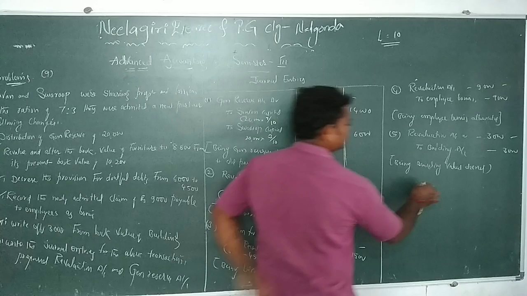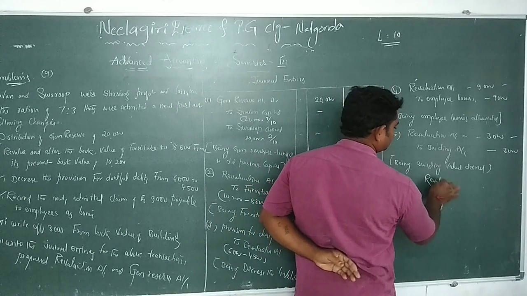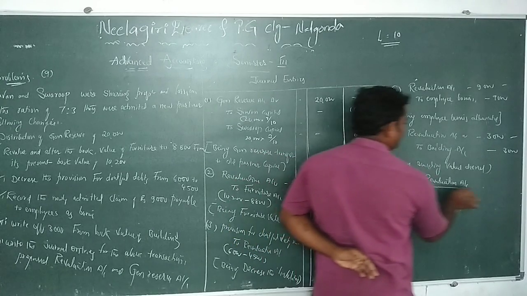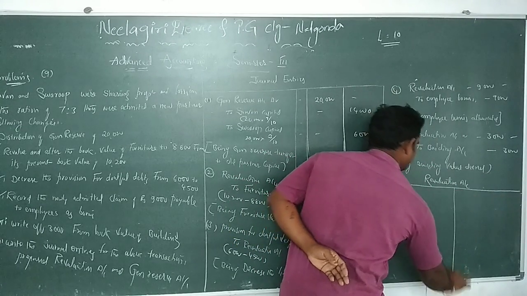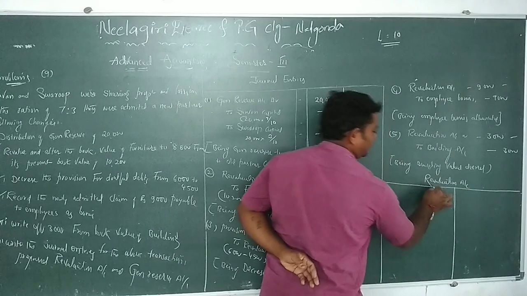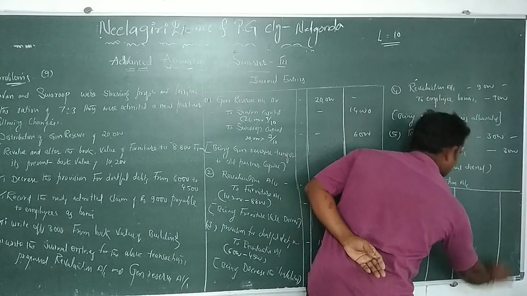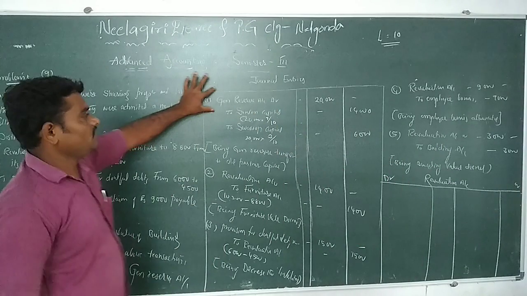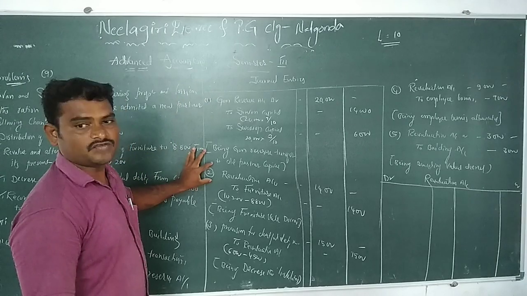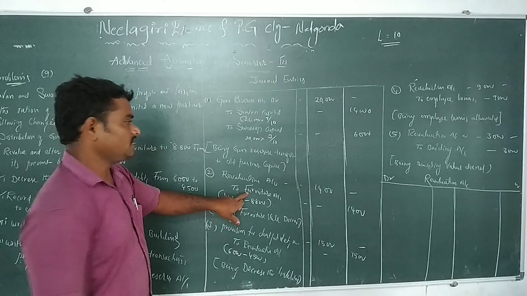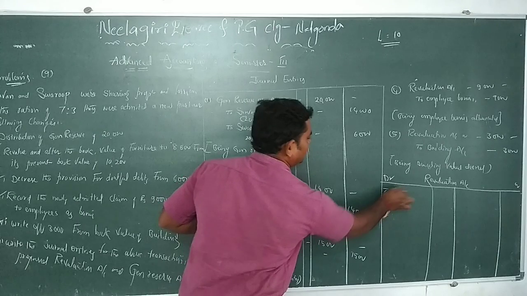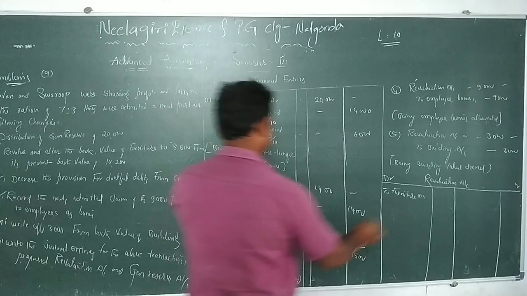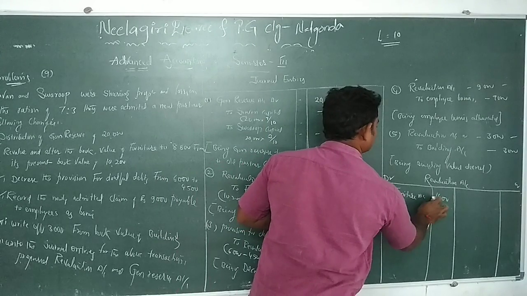So we have to prepare the revaluation account. The revaluation account is prepared on the basis of the journal entries. What goes on the debit side and what goes on the credit side? First, revaluation account debit to furniture account, 1,400.